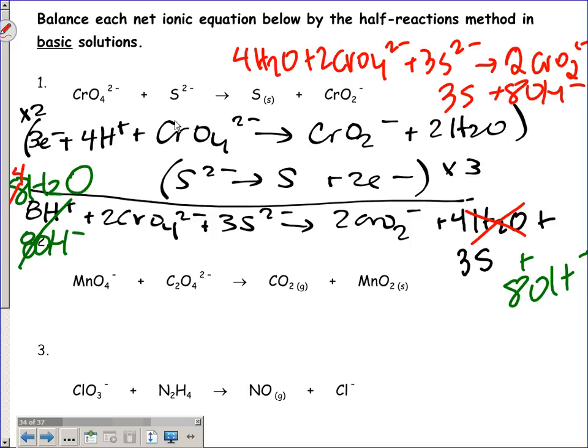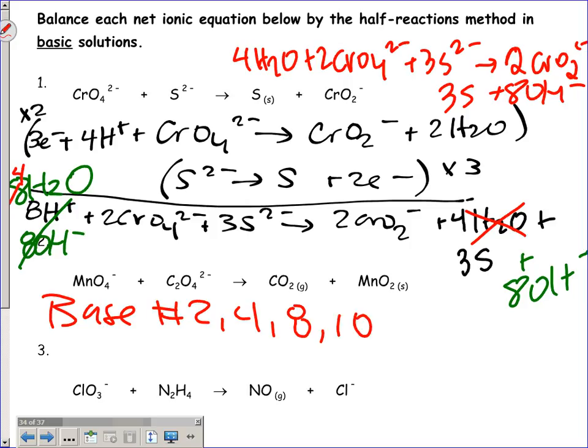What do you say? 2, 4, 8, 10. Is that what I said? Okay. So on the bases, you're doing 2, 4, 8, and 10. So finish your ones from acids, complete your ones from bases, and that's it. Take your test tomorrow. You still have 10 minutes, don't waste your time.